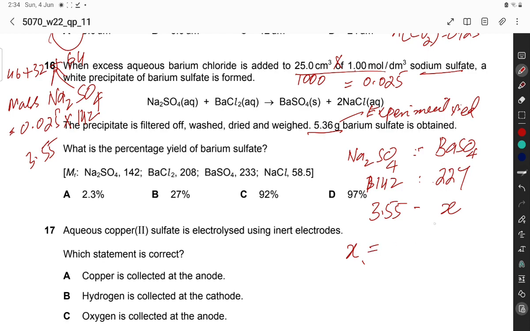So X is equal to 227 into 3.55 divided by 142. This is equal to 5.6 gram.